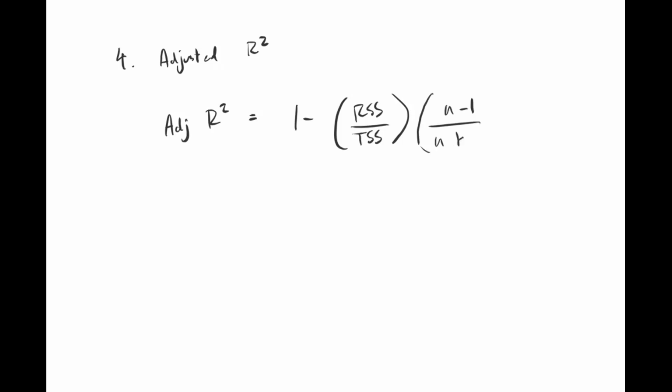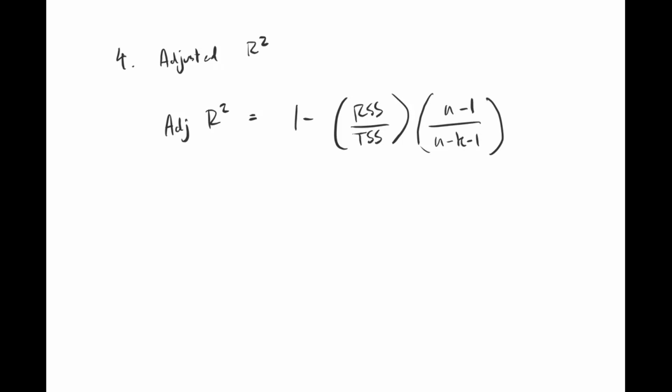So adjusted R squared is equal to 1 minus RSS over TSS, and this is the same as we've seen before, but there's an extra term here, n minus 1 over n minus k minus 1, which essentially penalizes the model for having too many variables.